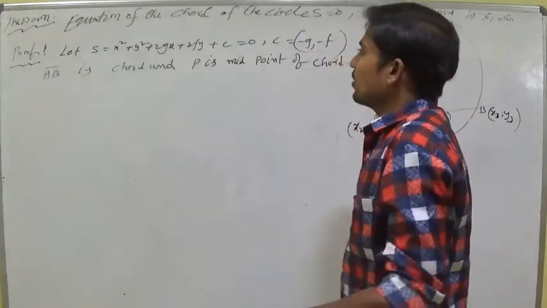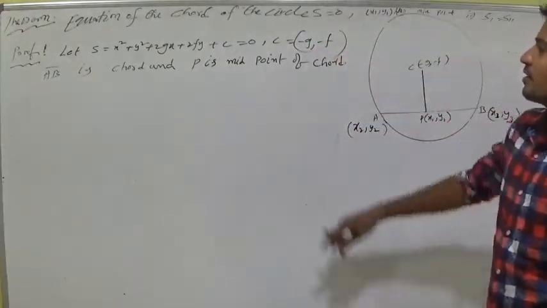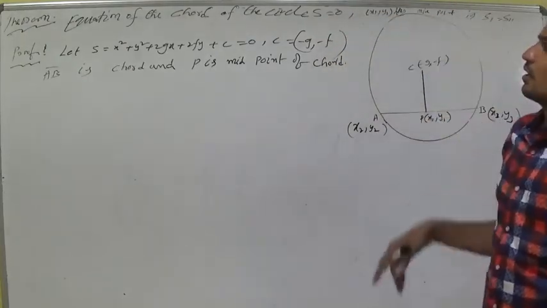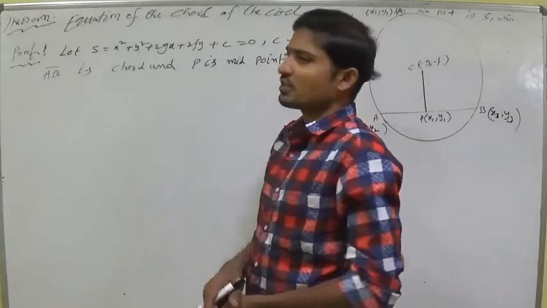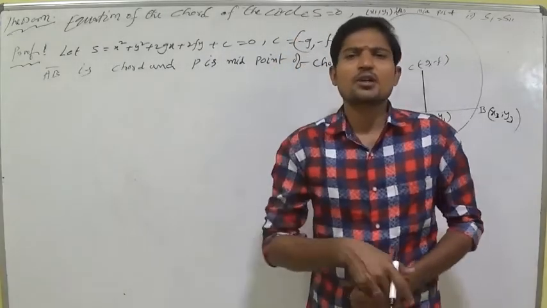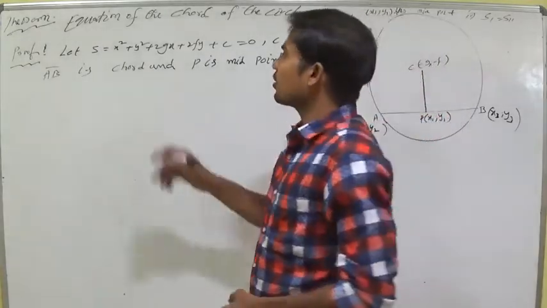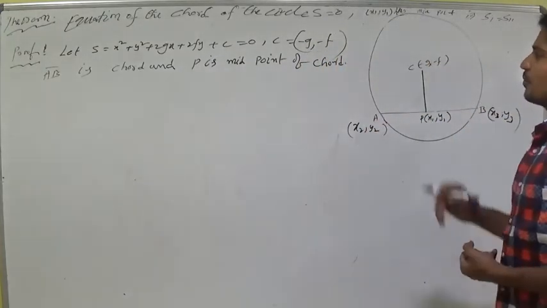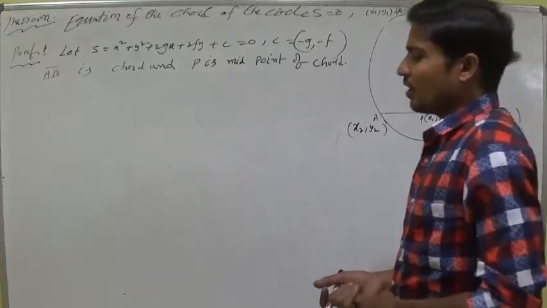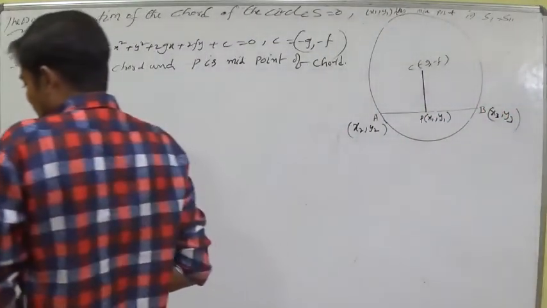For that I have taken a circle here: x square plus y square plus 2gx plus 2fy plus c equals 0. Then the center is minus g comma minus f, AB is the chord, and P is the midpoint of the chord.